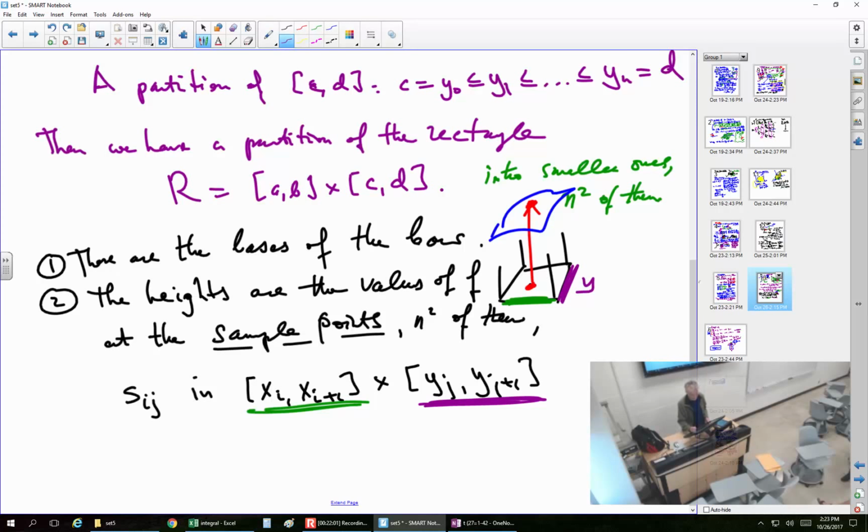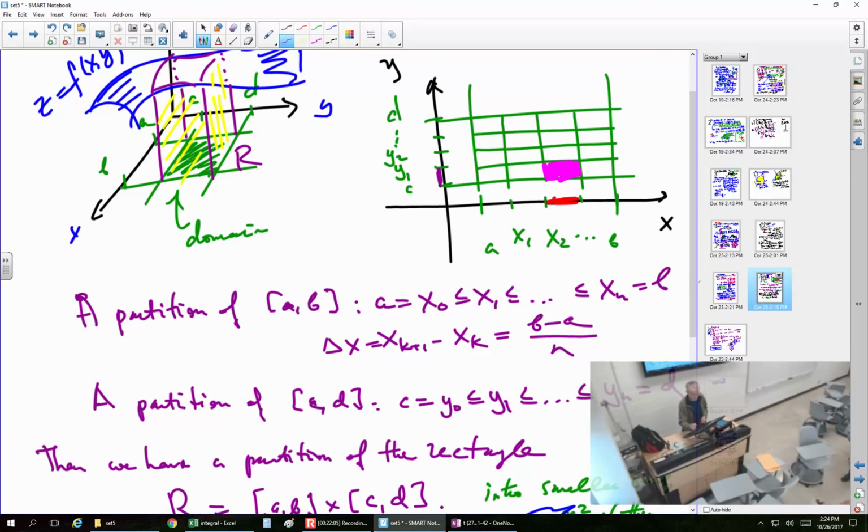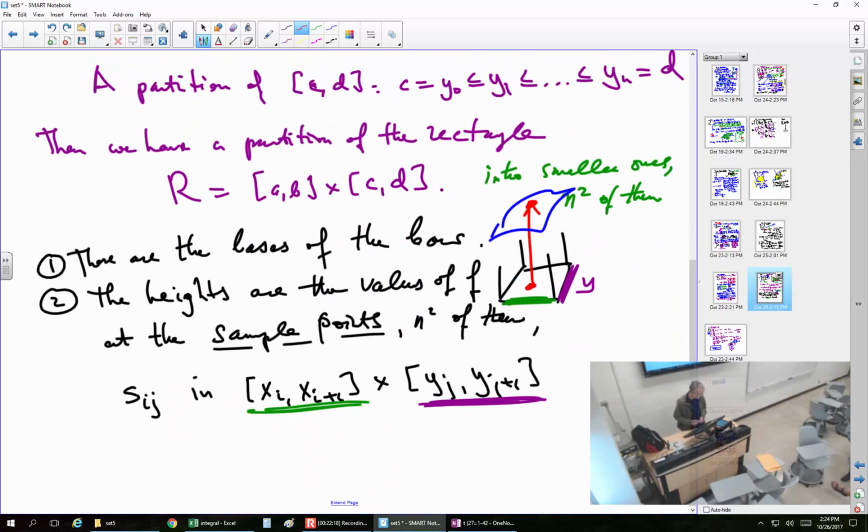So each rectangle within this partition will have a point in it, somewhere. Just like in dimension 1, the location should not affect the answer. That's the point. That's what makes the function integrable.